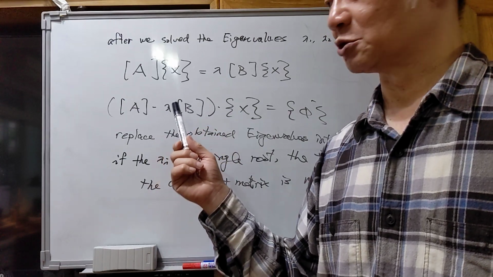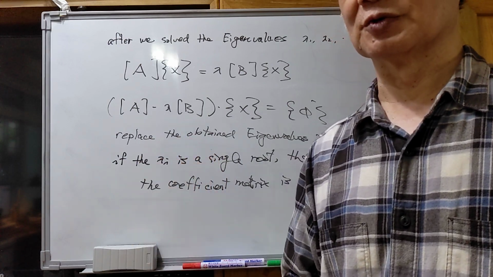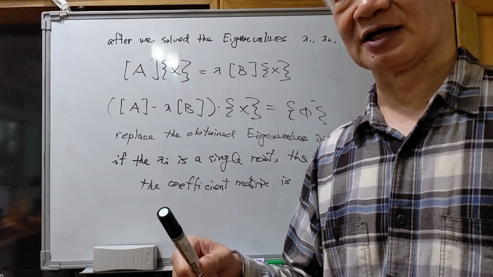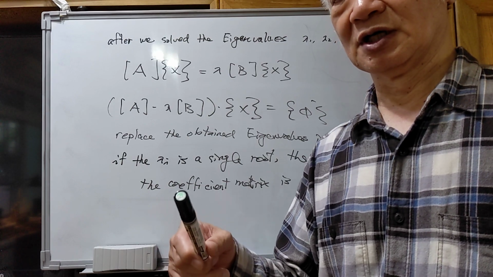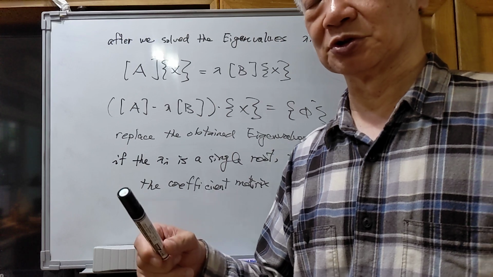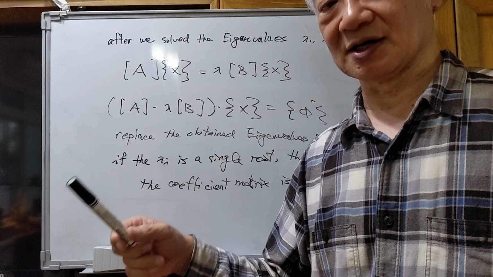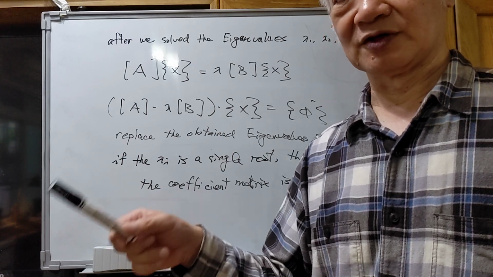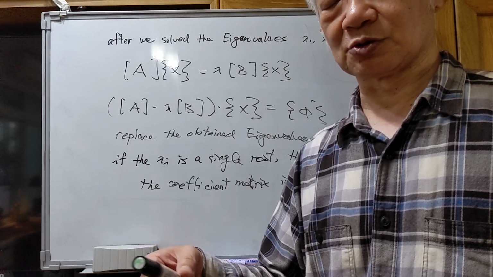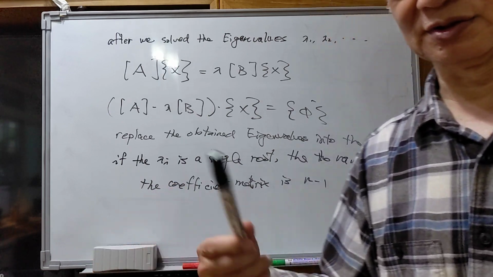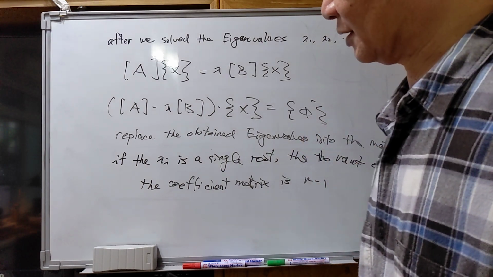Usually the normalization is taken with respect to the matrix B. So we need to multiply the obtained eigenvector by 1 divided by the square root of xi transpose B xi. So after we calculate this number, take a square root and then the inverse. Okay, so that's the technique.